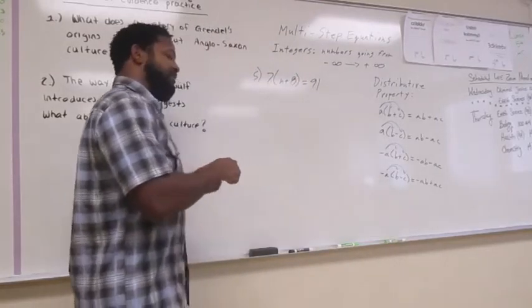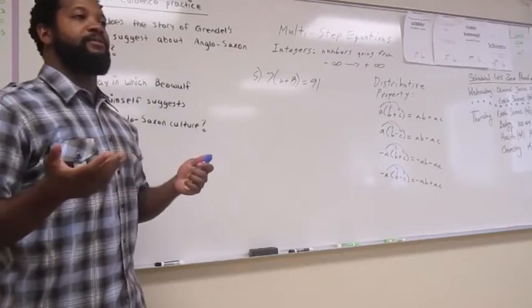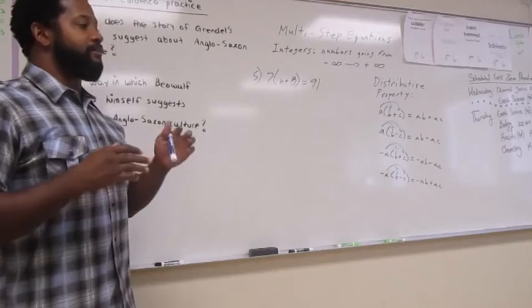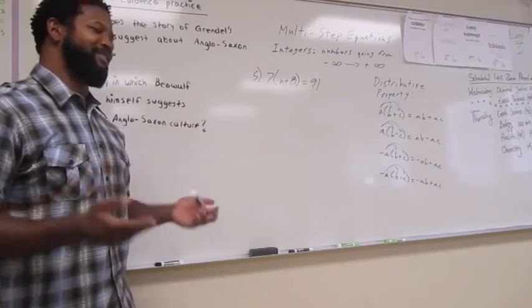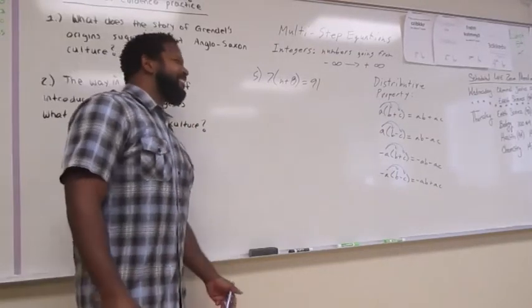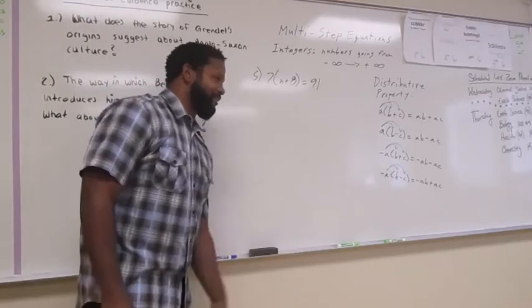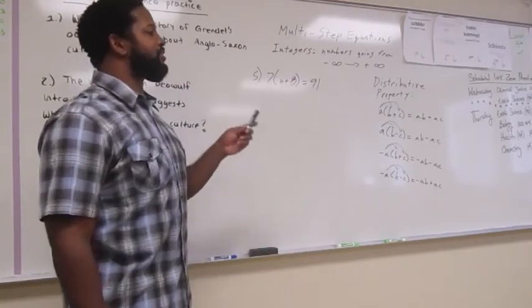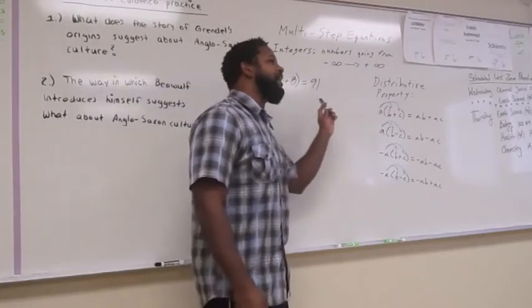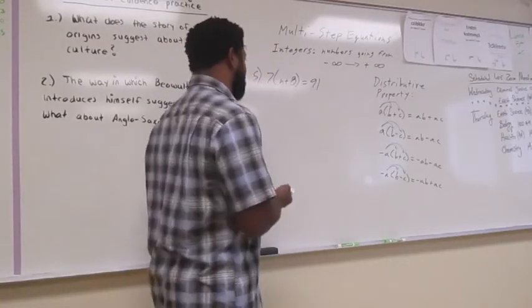Okay? It does not matter what is on the outside of the parentheses. Well, no, it's the inside that counts. What matters is that you just multiply it by everything on the inside of the parentheses.